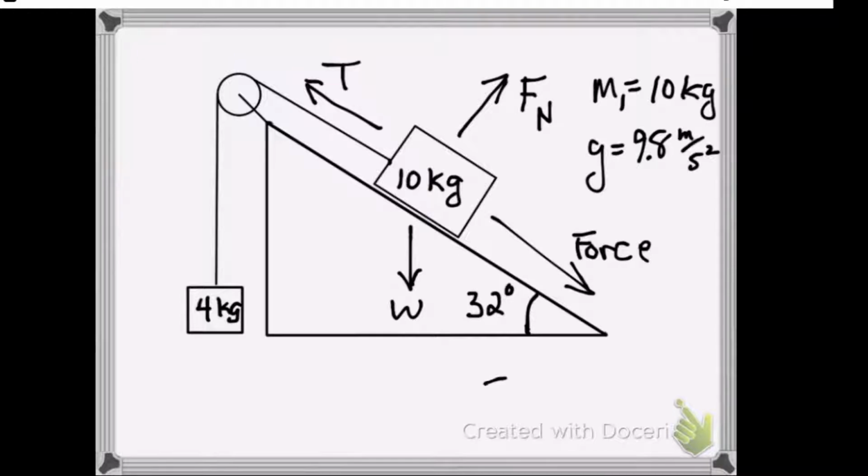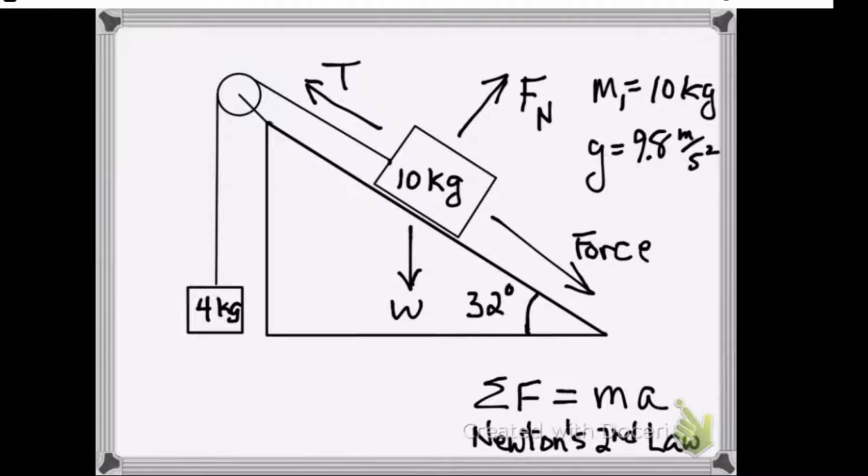And at any rate, the total amount of force, and that funky looking sideways M is a summation symbol, so it means the total sum of the forces, the adding up of the forces, is going to be equal to the mass of the object multiplied by the acceleration of the object, which is Newton's second law.